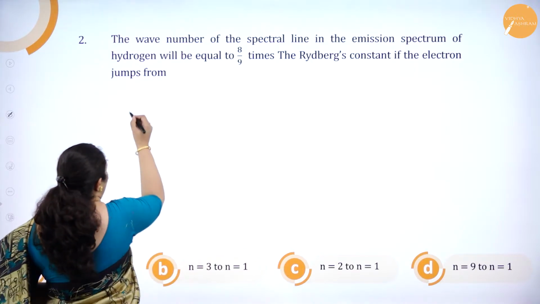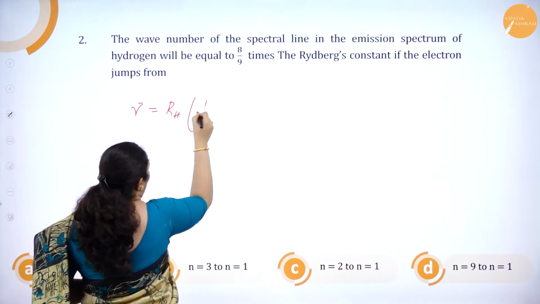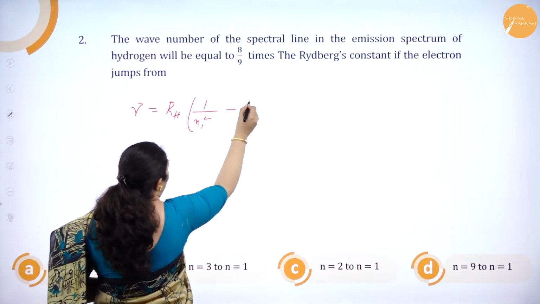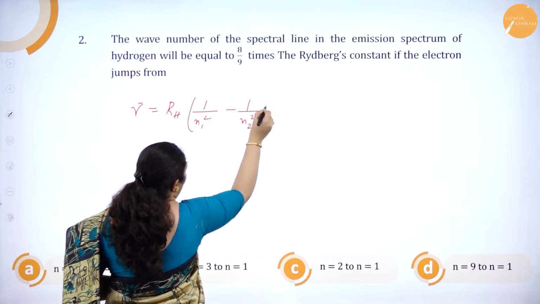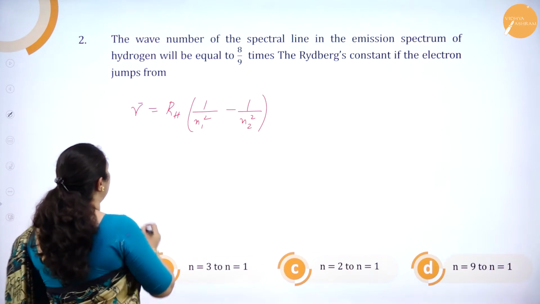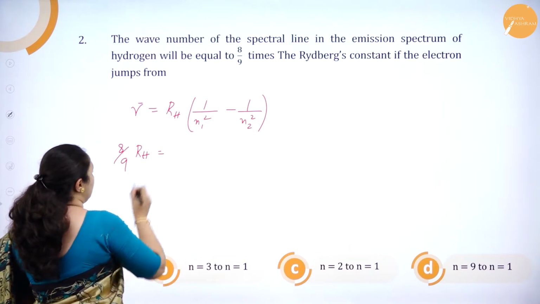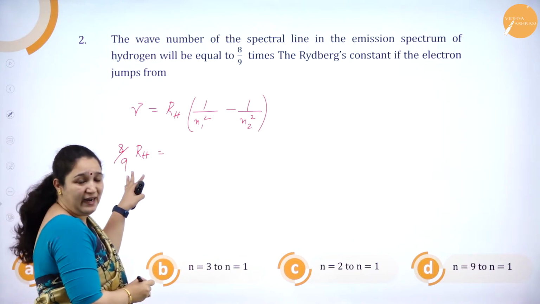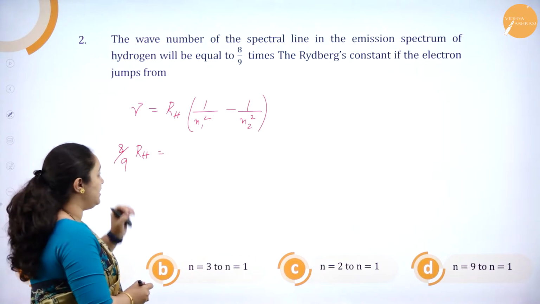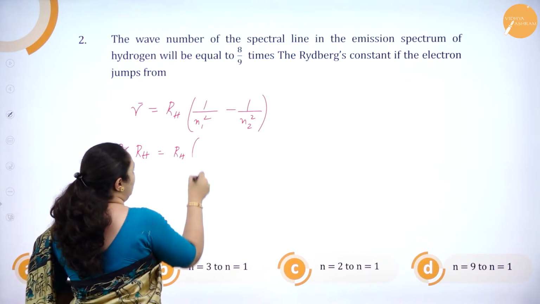So first, the wave number, what is the formula? RH times 1 by n1 square minus 1 by n2 square. Correct? Now they are telling that the wave number is 8 by 9 times the Rydberg's constant. So if I have to get 8 by 9 times the Rydberg's constant, what should be n1 and what should be n2 is what we need to know.